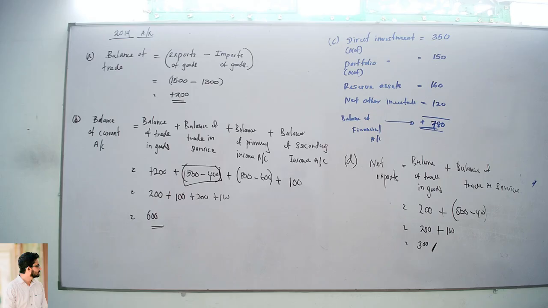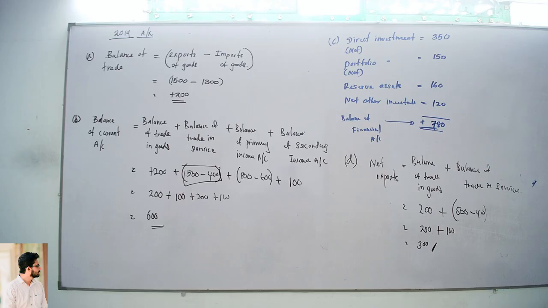Then I'll show you the relationship between these three accounts. But here there is a small problem. Mainly there are four questions to calculate: trade balance, current account, financial account and net export. So there is a small mistake, but anyway, I'll explain the theory point with this question.